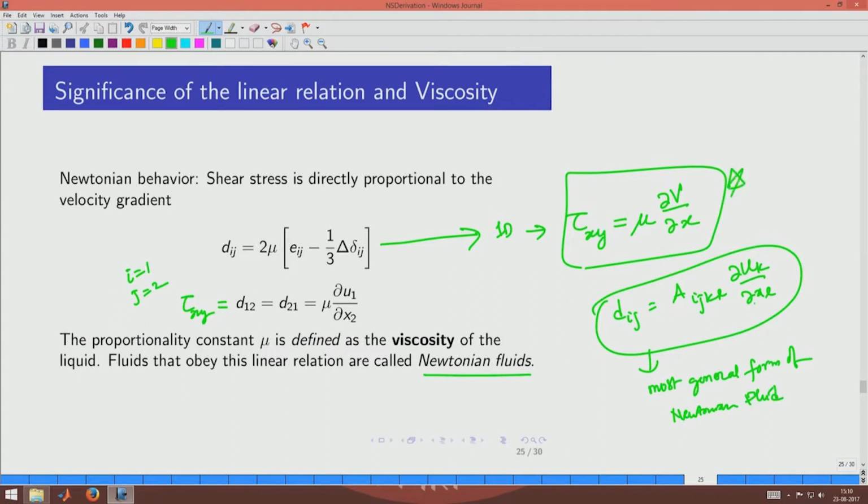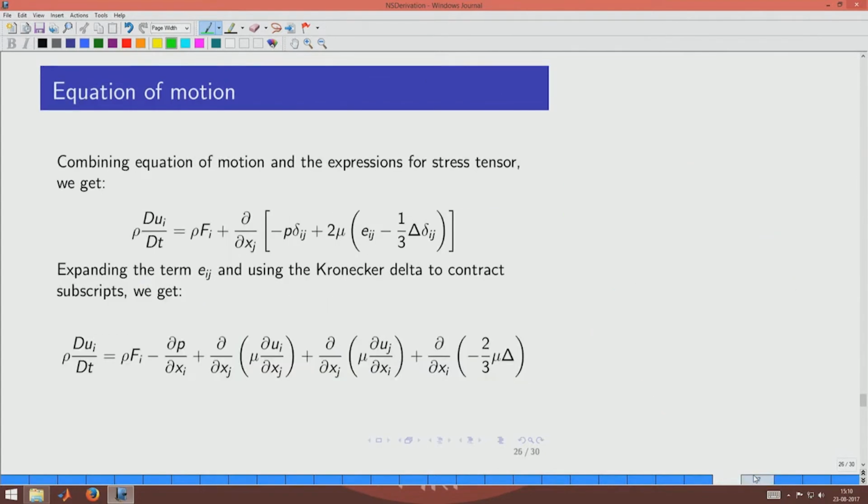So, we can see that the tensorial part is actually the starting point, and this can be obtained from it straight away using the manipulations that we have done till now. Now, we have the Dij expressed in terms of the velocity gradients. So, let us just go ahead and put it in the equation of motion.